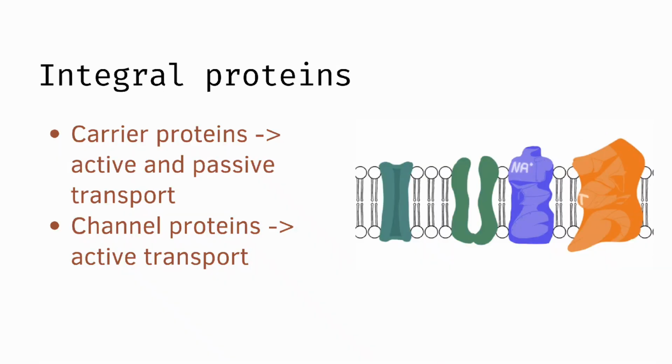Integral proteins are divided into two types. The first one is carrier protein, which works in both active transport and passive transport. The second one is channel protein that works in passive transport.